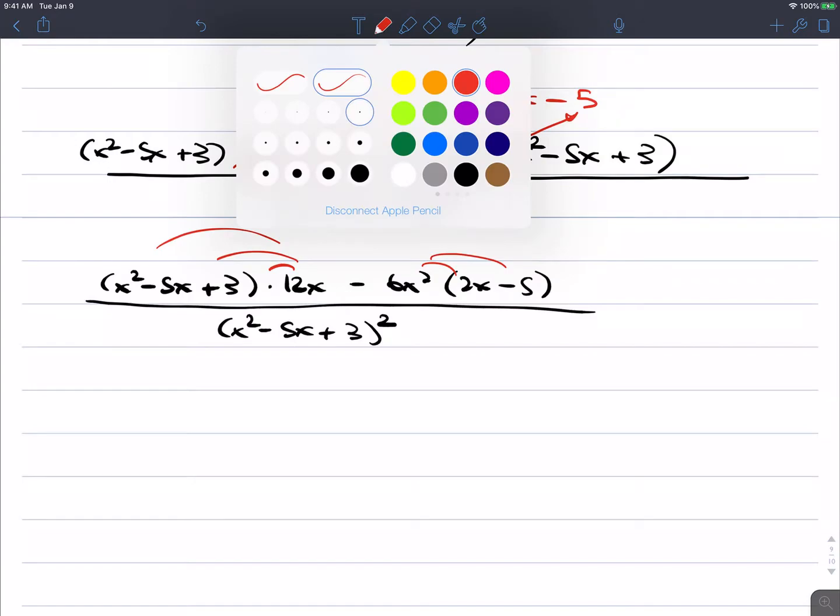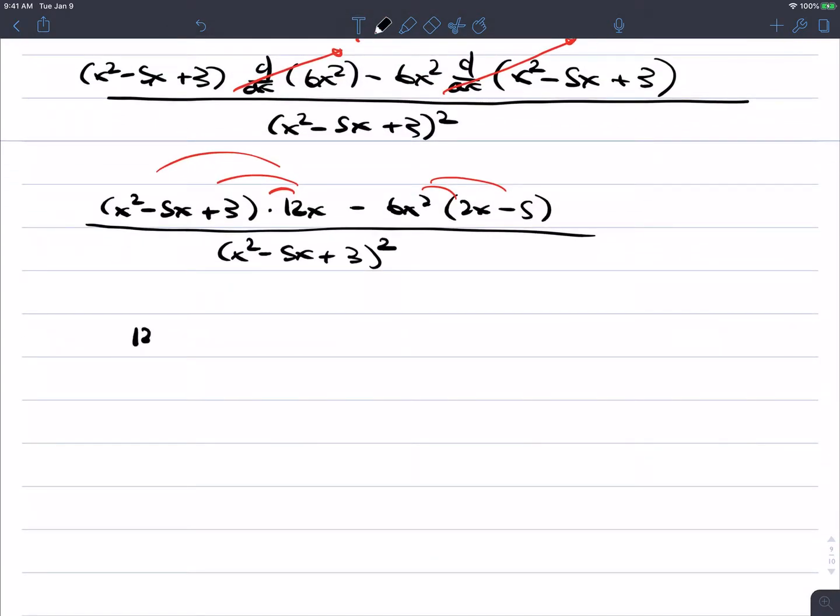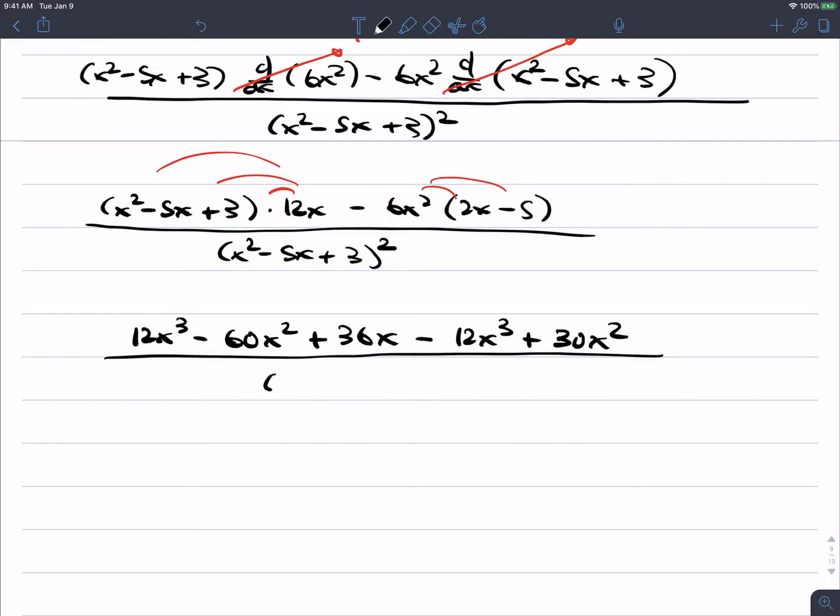Distribute. 12x cubed minus 60x squared plus 36x minus 12x cubed plus 30x squared. Everything over x squared minus 5x plus 3 squared.